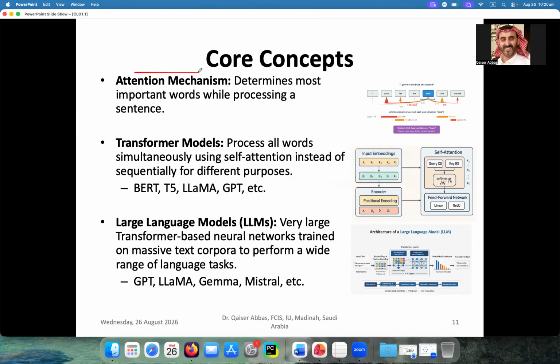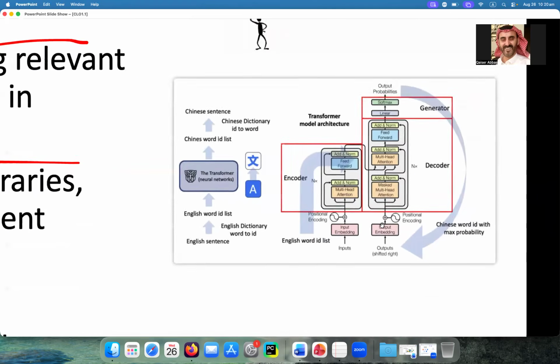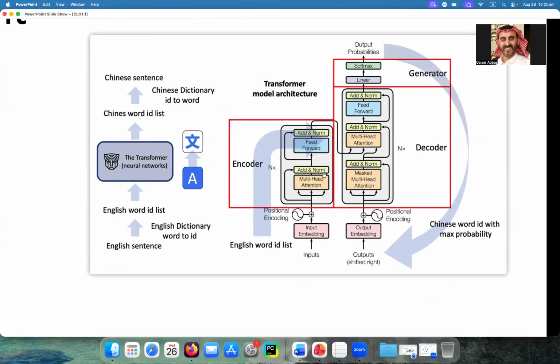Attention mechanism. We have the word attention. You have seen it in the previous machine translation model. If I show you, this one, multi-head attention, this orange one.